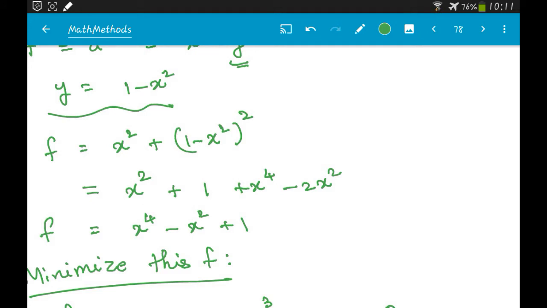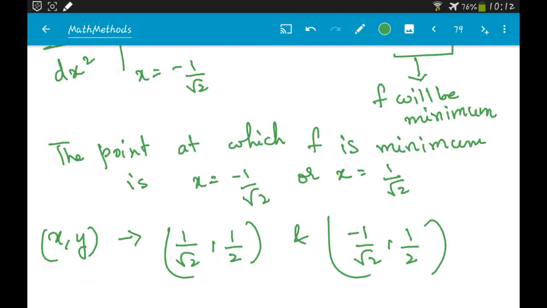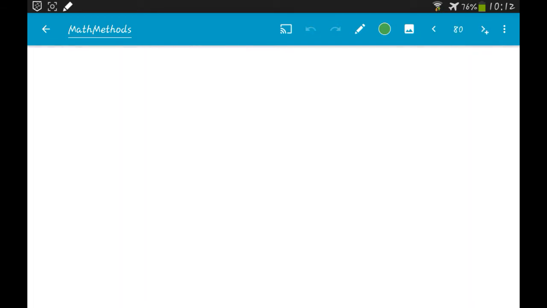There was x square plus y square, but instead of y we wrote y in terms of x, and so we eliminated y, and so the function f became a function only of x. So that is the method of elimination. Alright, let's look at another method which will use differentiation. Okay, now we are all comfortable with differentiation, so let's look at method 2.